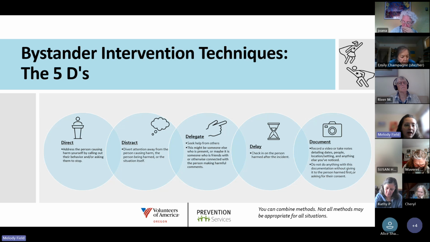This is where you're addressing a person causing harm yourself by calling out their behavior and or asking them to stop. We have distract, which is where you would divert attention away from the person causing harm, the person being harmed, or the situation itself. There's delegate, which is where you would seek help from others.